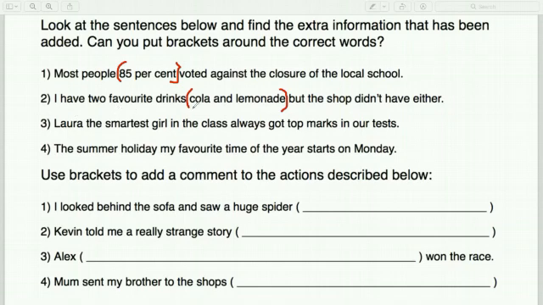Laura, the smartest girl in the class, always got top marks in our tests. So where do you think is the extra information? Have a think. So I'm going to put it here.